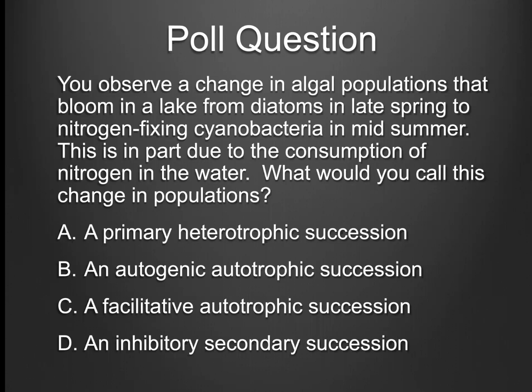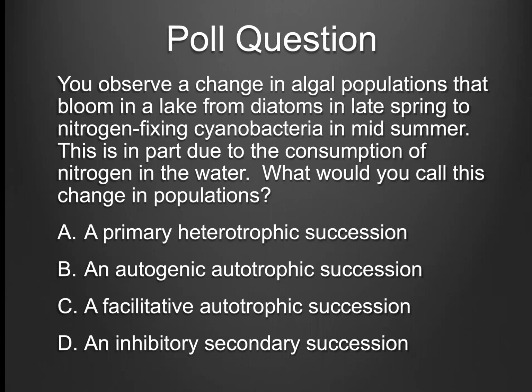What happens in a lake over the course of the summer? If it's a stratified lake, what's going to happen to the nitrogen in the surface, where the photosynthesis is going on? It's going to go down, right? And that is going to make it less competitive to be a diatom and more competitive to be a nitrogen fixer, like a cyanobacterium.